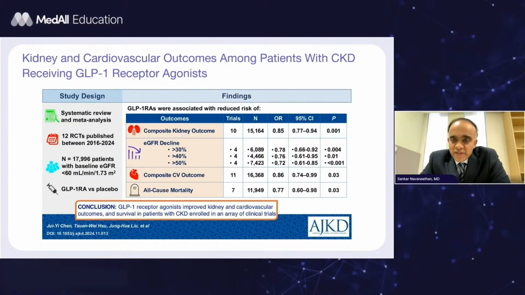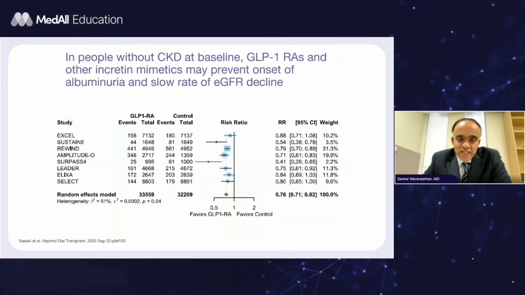There was about a 15% reduction in the kidney adverse events. There was a 14% improvement in the cardiovascular outcome, with a 23% reduction in all-cause mortality, convincingly showing that the GLP-1 receptor agonist improved kidney and cardiovascular outcomes and survival in patients with CKD.